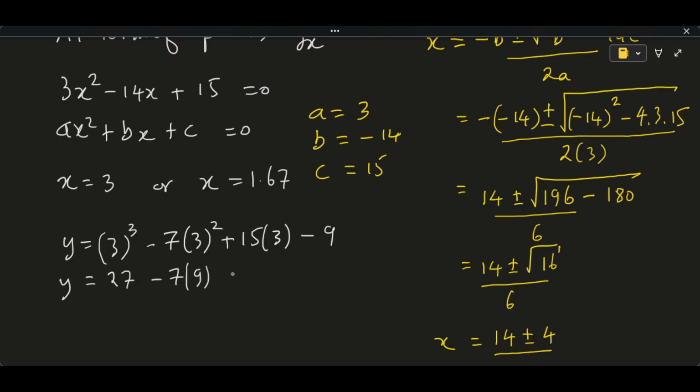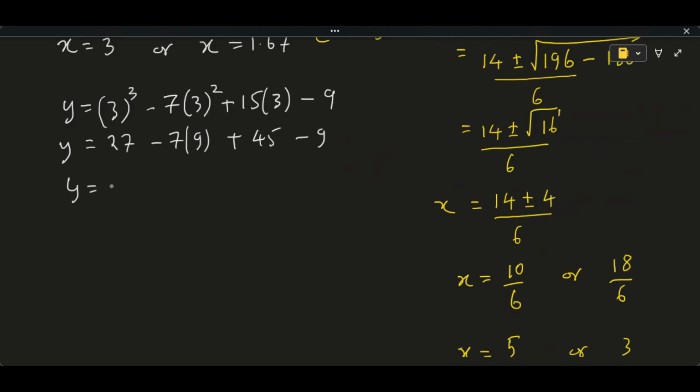This is 9, 45, 9. So y is equal to 27. So y is equal to 0.